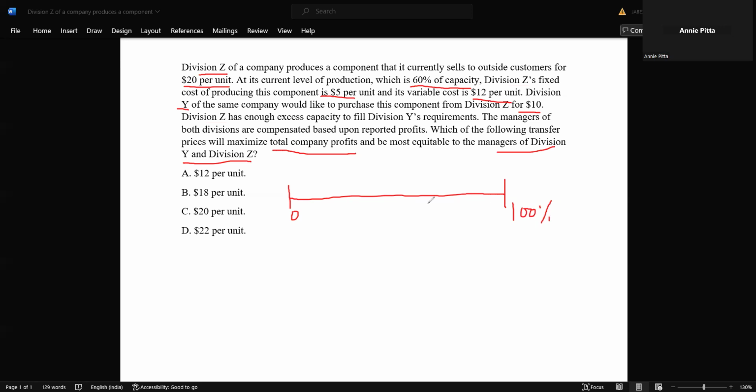So let's put it somewhere here. At this capacity level, they are operating, producing the products, and also selling these products in the outside market by charging a price of $20 per unit.